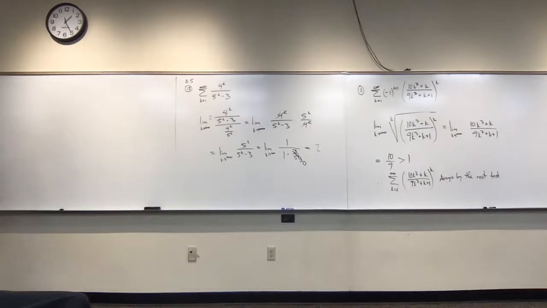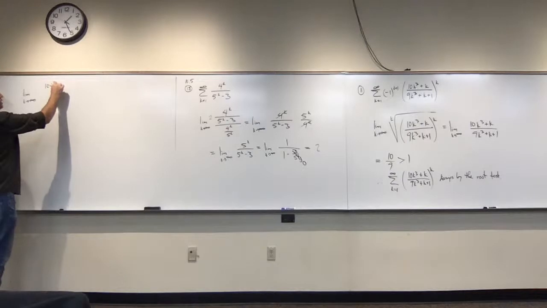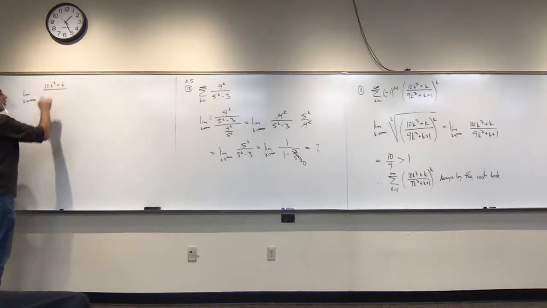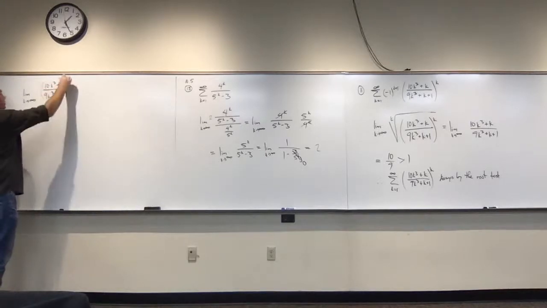I'll just give you a little bit of learning. What we would do is the alternating series test. All that you do with an alternating series test is take the limit as k goes to infinity of the sequence itself, which is (10k cubed plus k) over (9k cubed plus k plus 1), raised to the k.